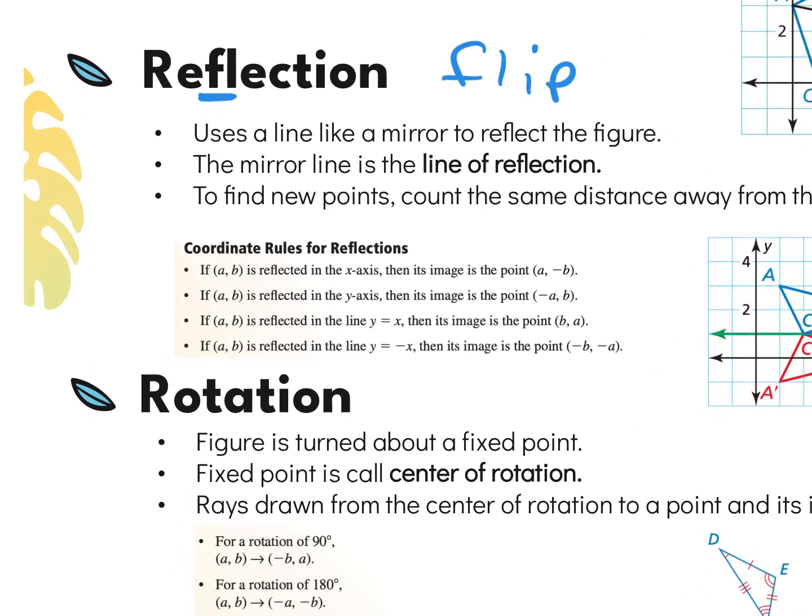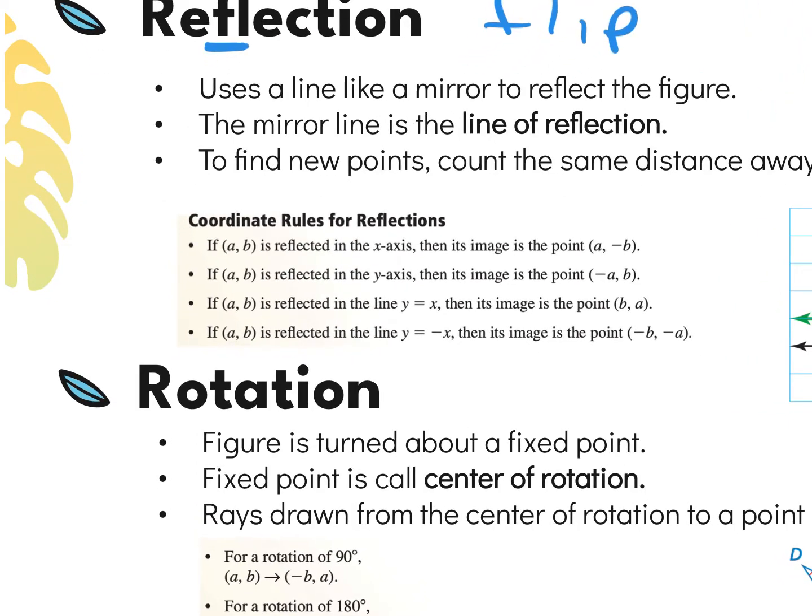They're right here in this tiny little print. So if it's reflected across the x-axis, notice the ordered pair, and here they're using the letters a and b. When it's reflected across x, the x of the ordered pair stays the same, but the y changes to its opposite. When it's reflected across the y-axis, the y stays the same, but the x goes to the opposite sign.